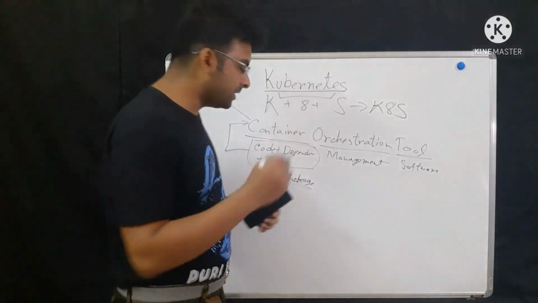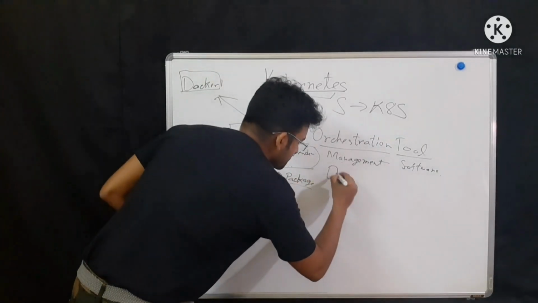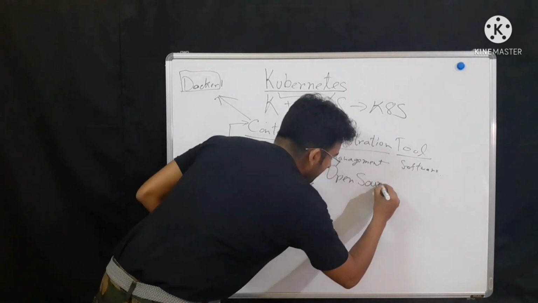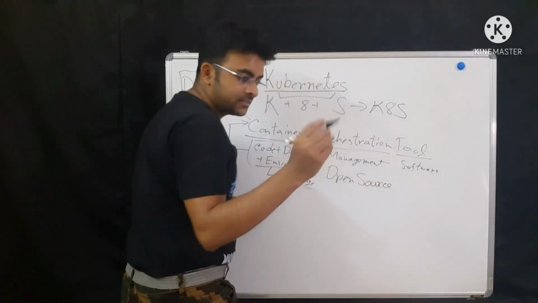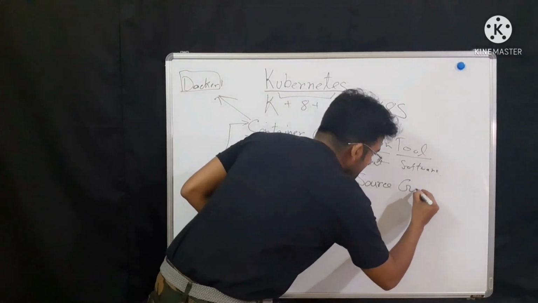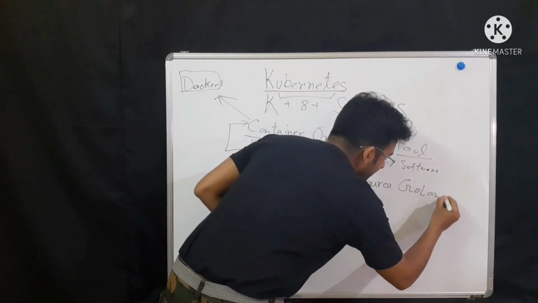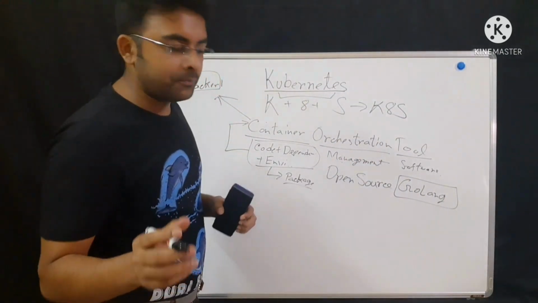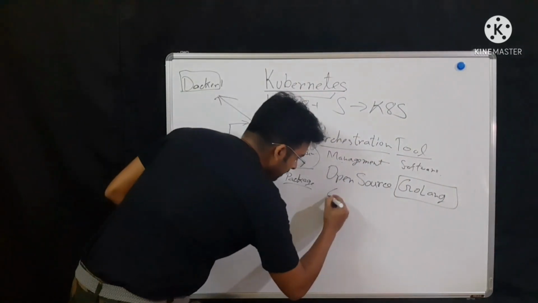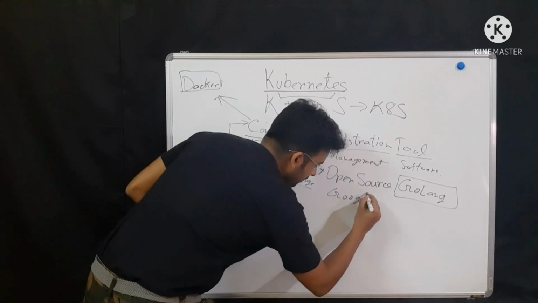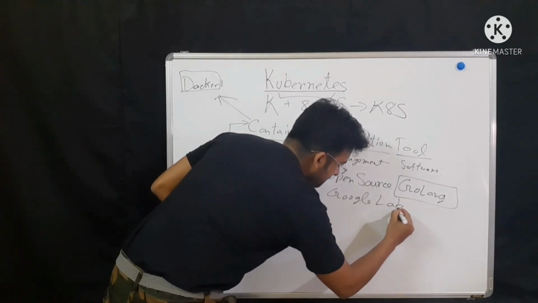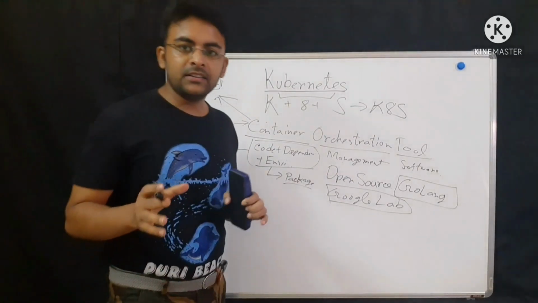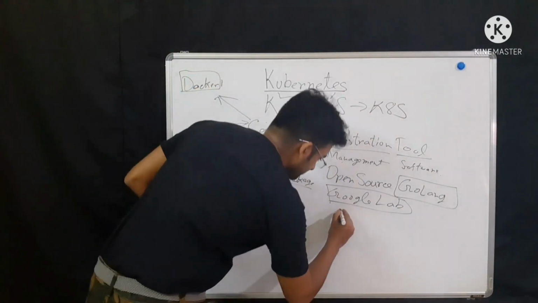Kubernetes is an open source library, and it is written in Golang. Primarily it was built by Google, and currently it is handled by CNCF.